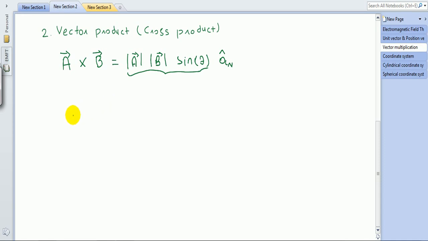Here also we can see with the unit vectors, like ax cap cross ax cap. For ax cap cross ax cap, the angle taken is the sine of the angle. The angle between them is 0, so sine of 0 will become 0. So ax cross ax will be 0.